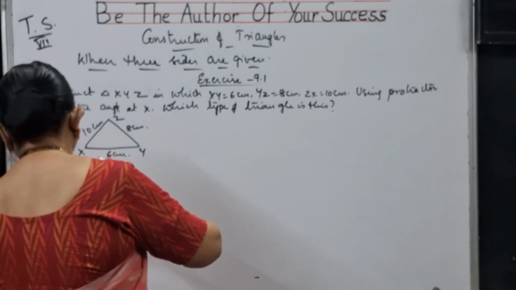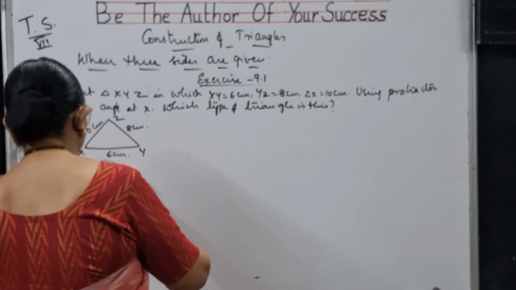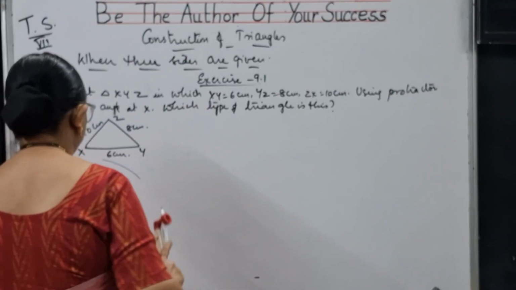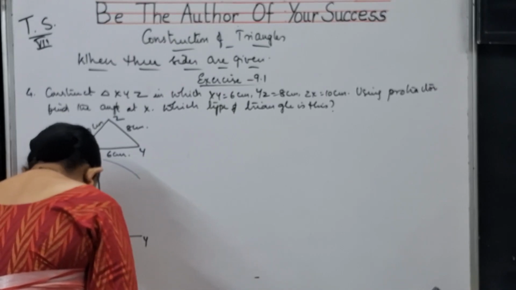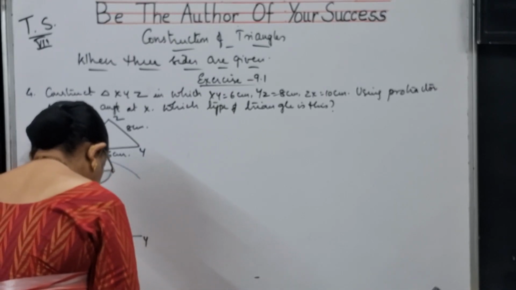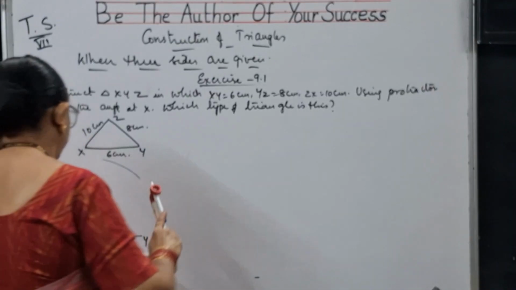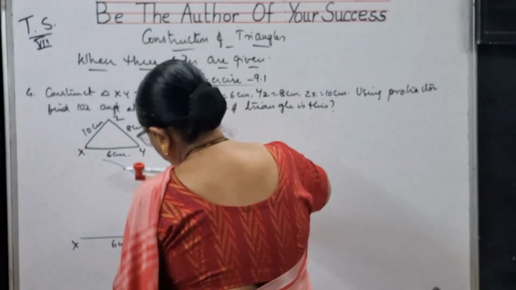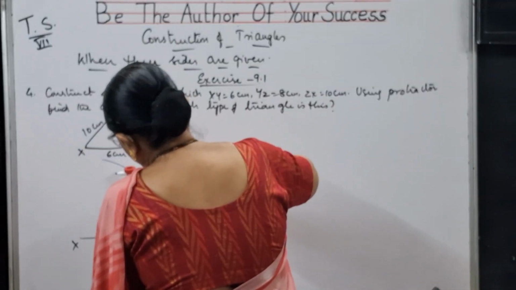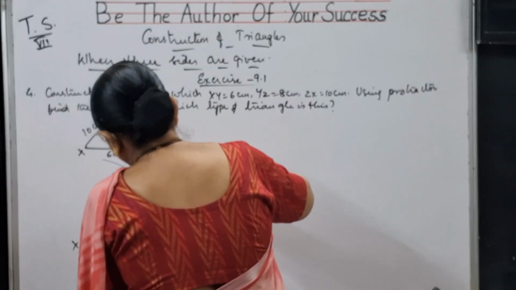X as center, 10 centimeters as radius, I should draw an arc. So, the arc goes like this. And Y as center, 8 centimeters as radius, I should draw an arc like this.